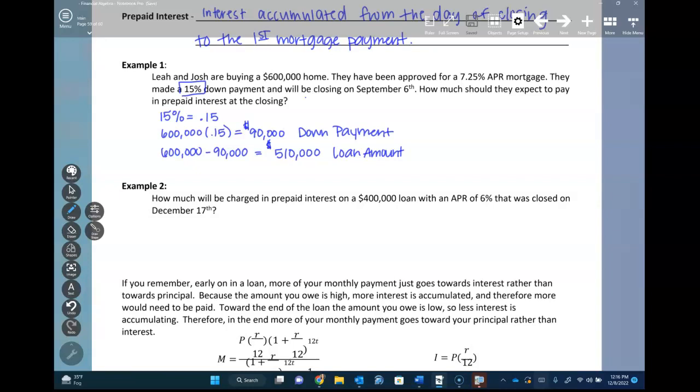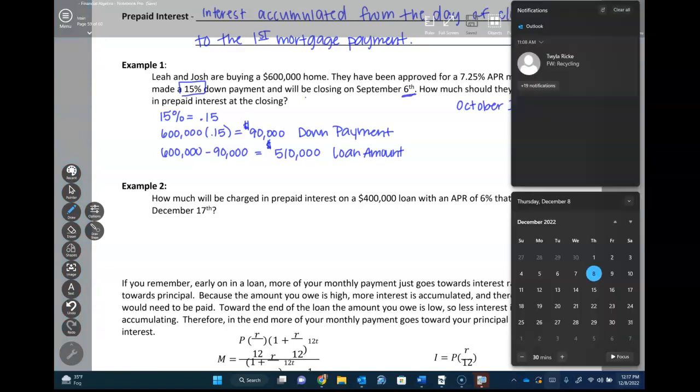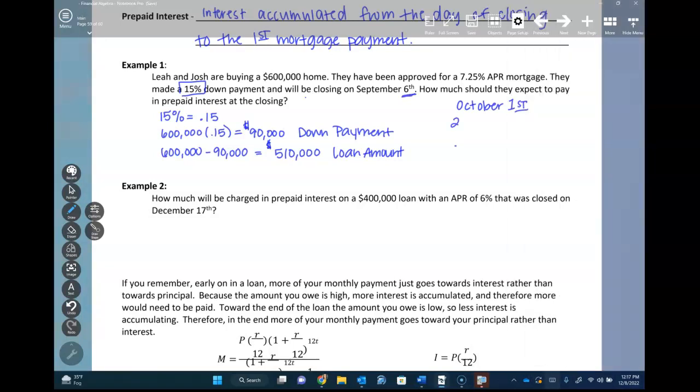Okay, if they closed on September 6th, you're going to have your first mortgage payments usually on the 1st, okay? So September, October, they're going to pay their first payment on October 1st. With that being said, that means from September 6th to October 1st, they're going to have 24 days of interest that they're going to need to cover.